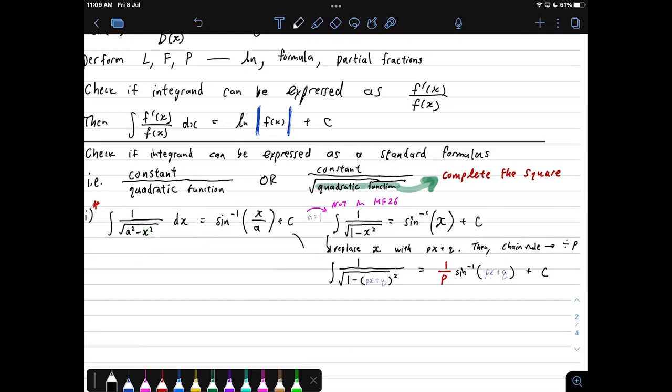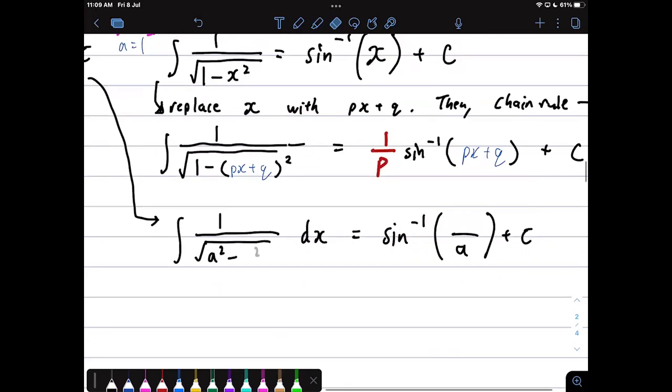I will simply copy and paste this over, but everywhere that had an x, I'm going to erase it and replace it with px plus q. Can you see? And then you need to divide by p. Okay, that's all.